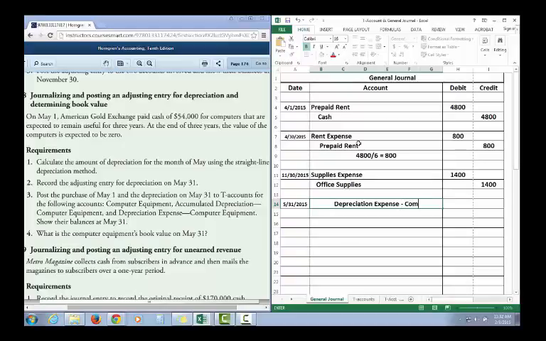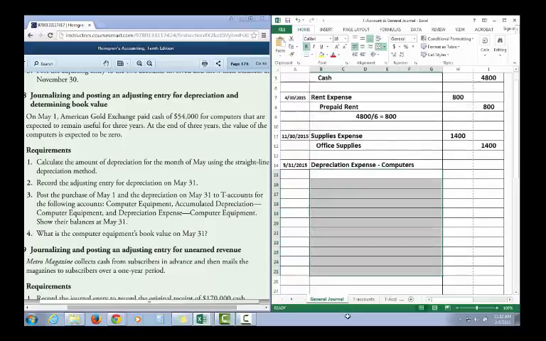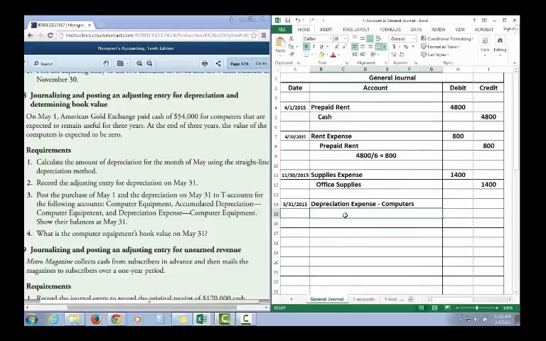I'm going to identify it for the computers. And we're going to credit accumulated depreciation. It was $1,500. There's our journal entry for calculating depreciation.